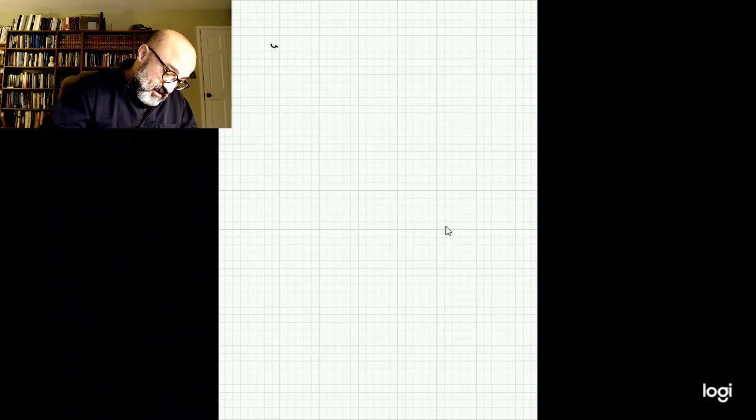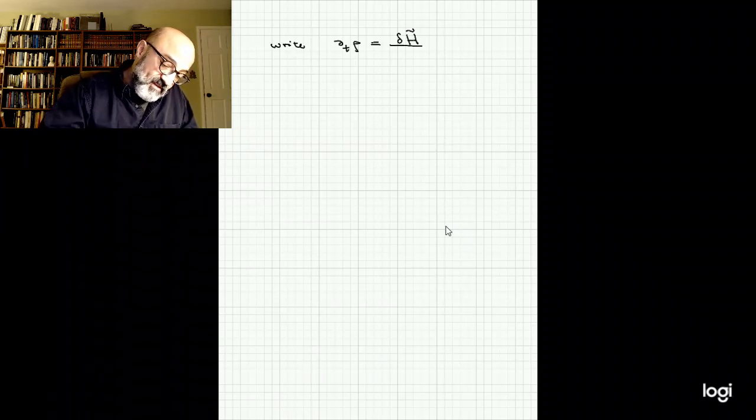Write the equation as ∂t rho is equal to the functional derivative of a functional H̃ with respect to phi, at x.